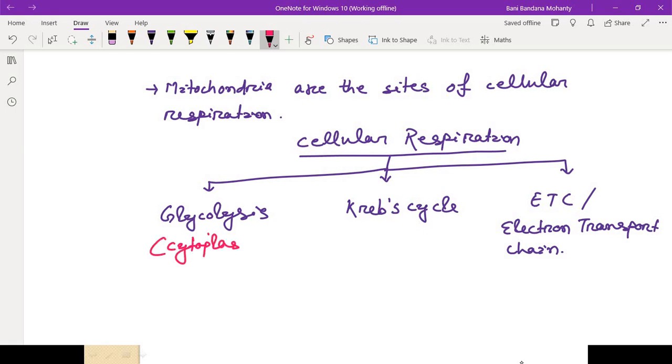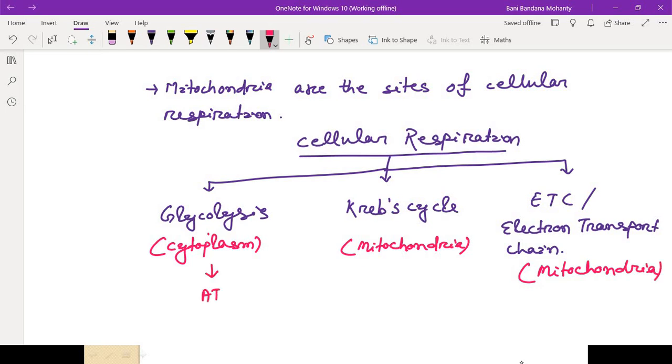The Krebs cycle does not occur in the cytoplasm. It occurs in mitochondria, and ETC also happens in mitochondria. They liberate ATP.